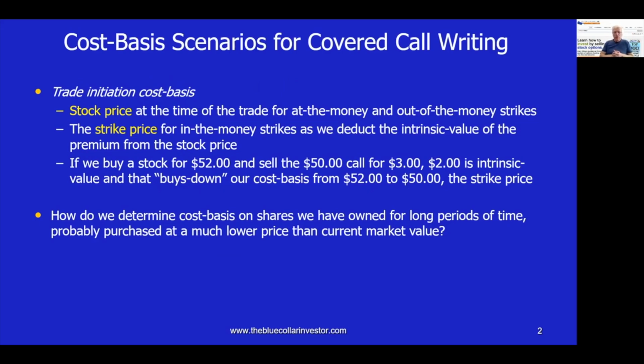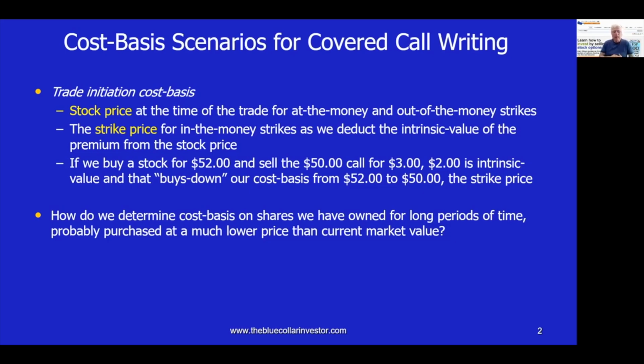Now, for in the money options, we deduct the intrinsic value component of the premium from the actual price of the stock. And so our cost basis when we enter an in the money covered call trade is actually the strike price, not the current market value, because we're deducting the intrinsic value component from the actual price of the stock.